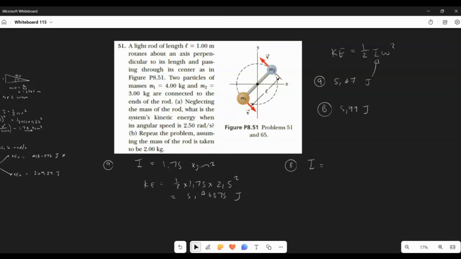So what's my mass moment for the second condition? 1.92. You guys agree?